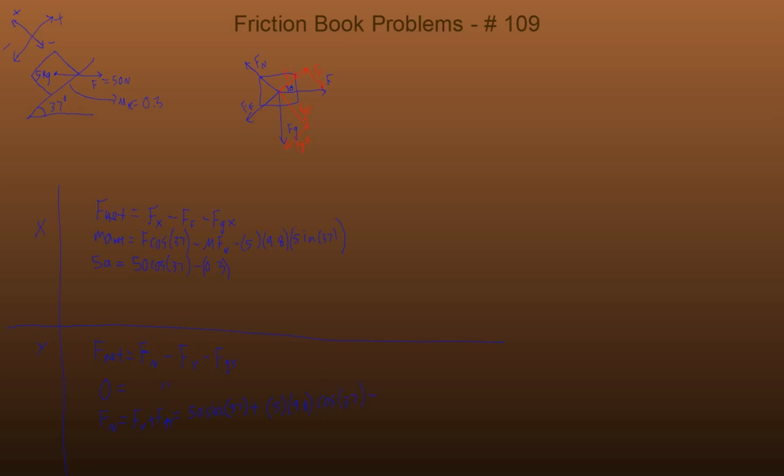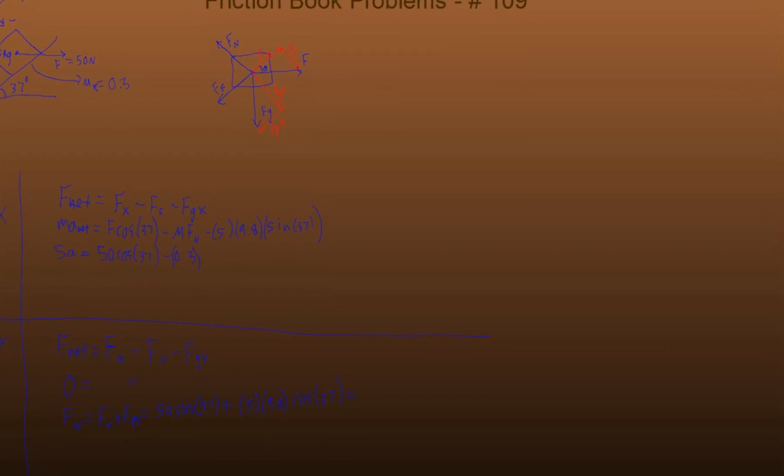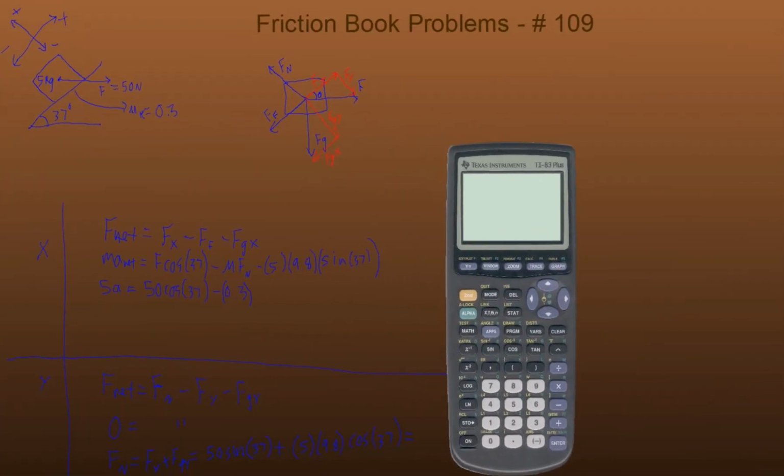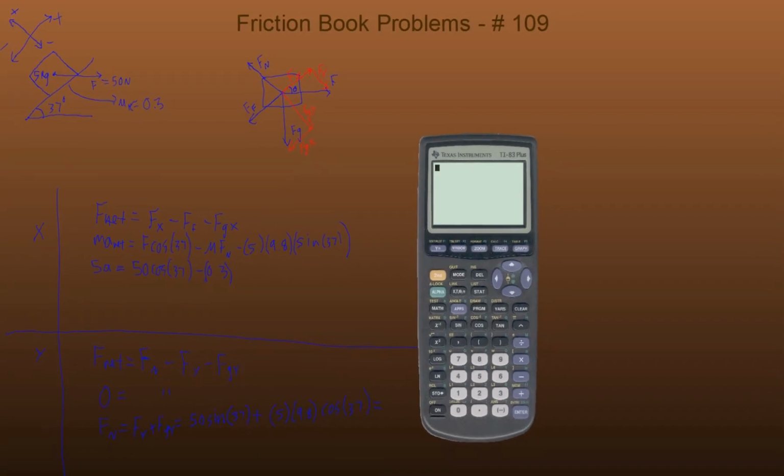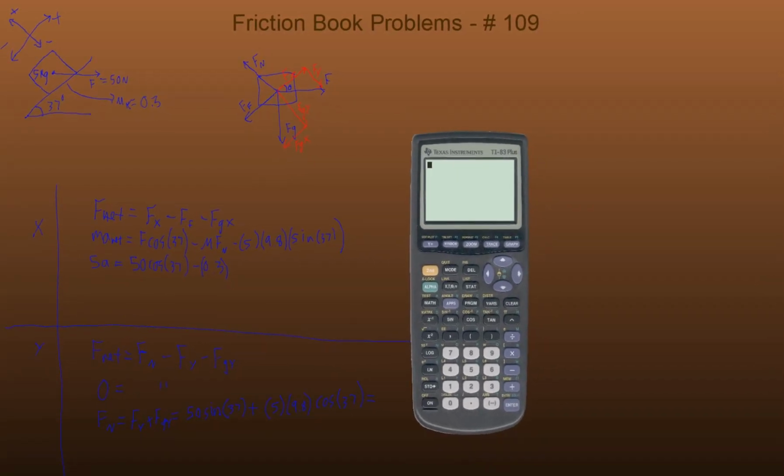So this is a straight up number, so let us calculate it. Alright, so we got 50 sine 37 plus 5 times 9.8 times cosine 37.